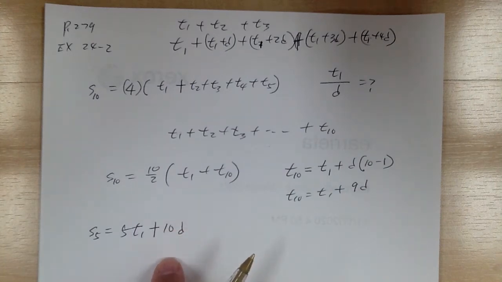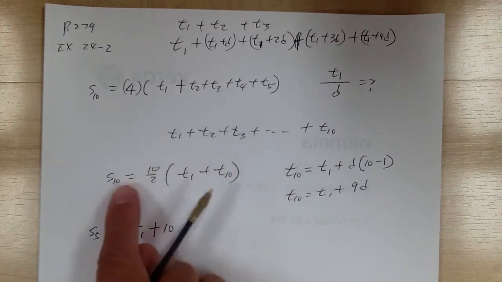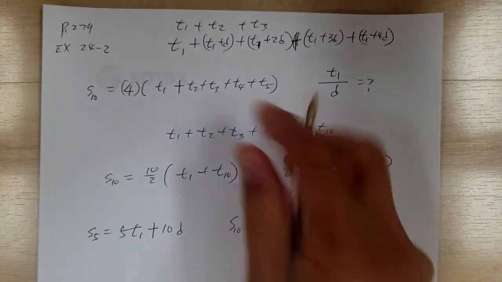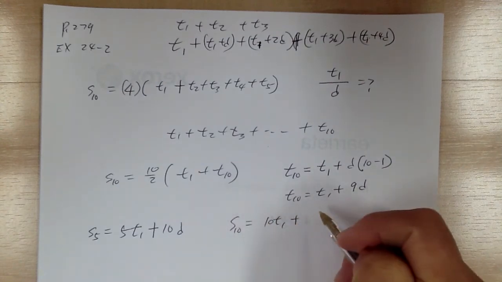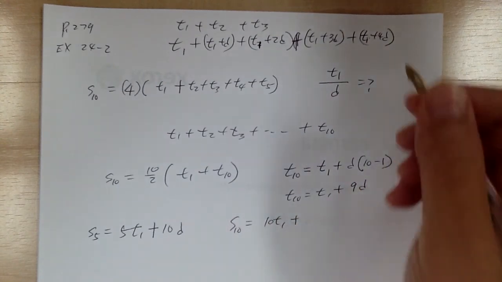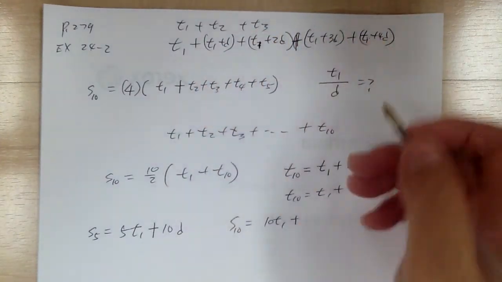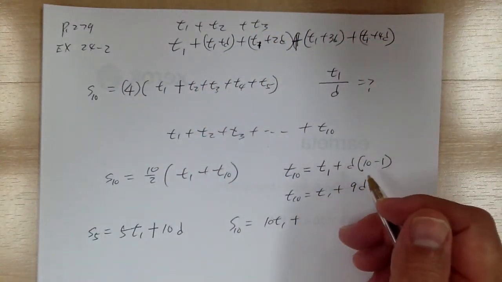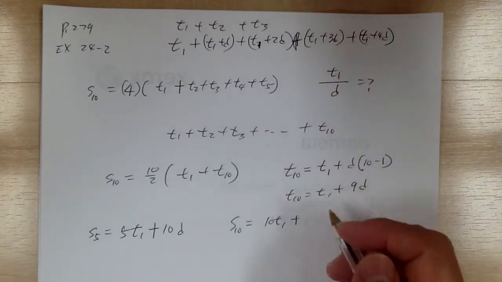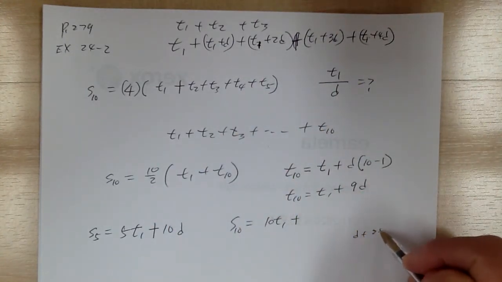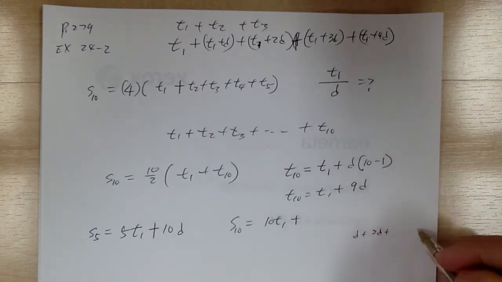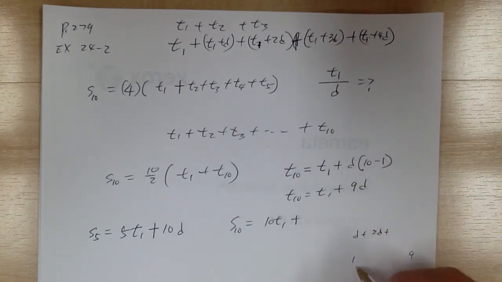Okay, and do the same thing with S10. Just follow that. So you're going to get 10 T1 plus D plus 2D plus all the way to 9D. So it'll be 1 to 9, so it'll be 10, and there are 9, over 2.